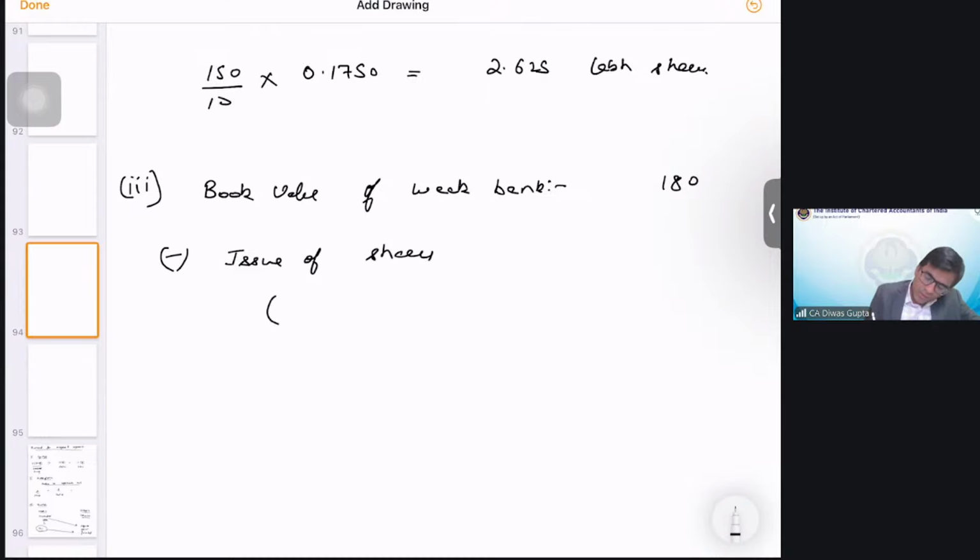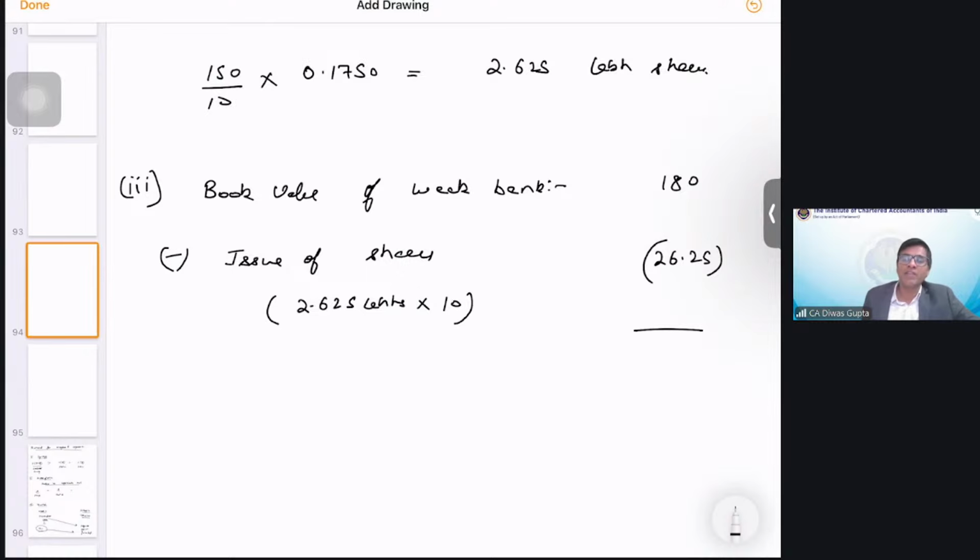This is going to be 2.625 lakhs multiplied by 10, so 26.25 lakhs is the amount of consideration that will be paid. Now you see, students, 180 is something that we are receiving and 26.25 is something that we are paying.